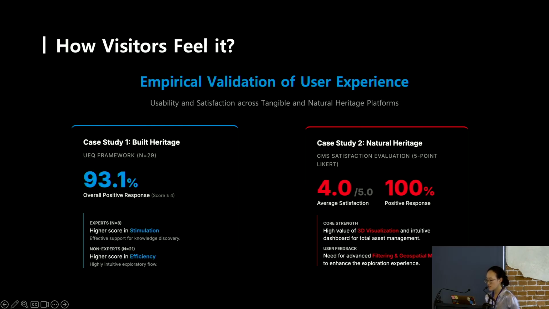The second case study, the cultural heritage image-based exploration system, showed 93.1 positive response rates, with experts rating the simulation highly and non-experts also showing higher satisfaction with efficiency. With this evidence, we think we can demonstrate that our experiments can support deep knowledge exploration for both non-experts and experts.